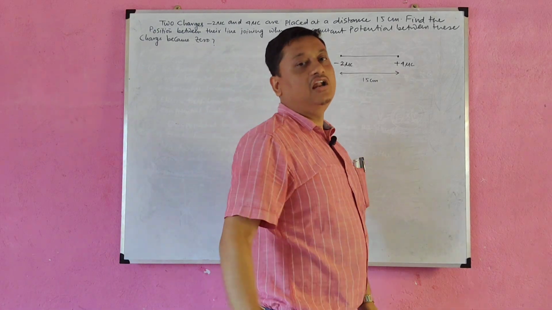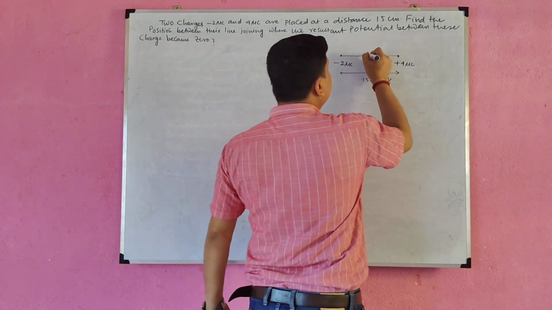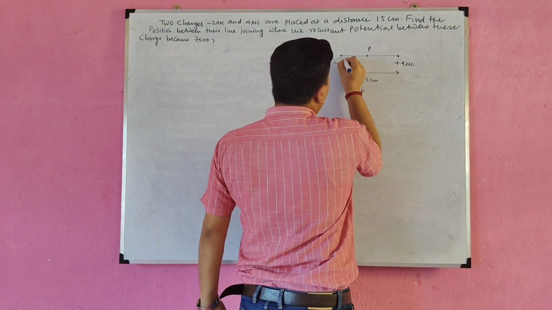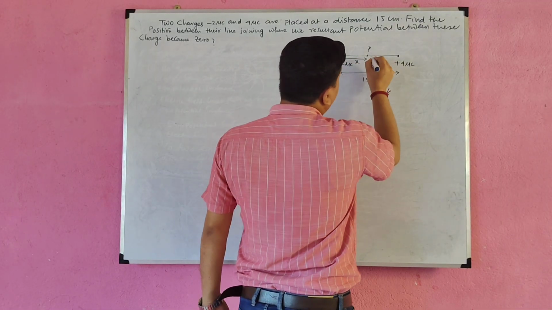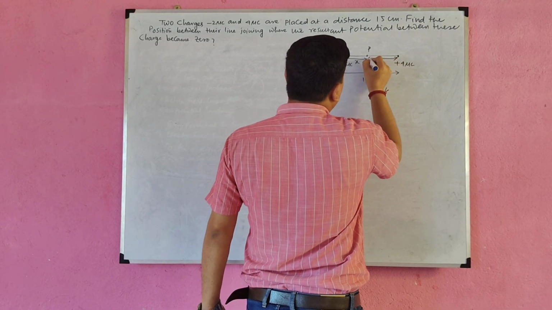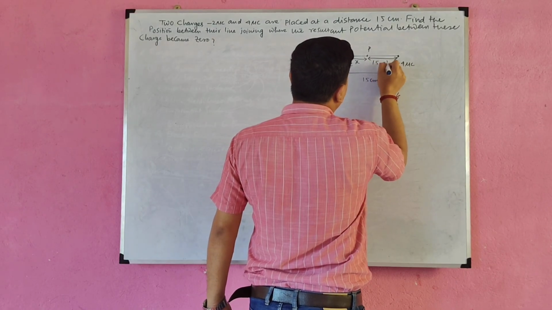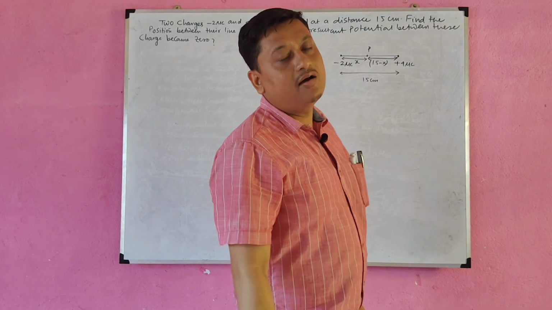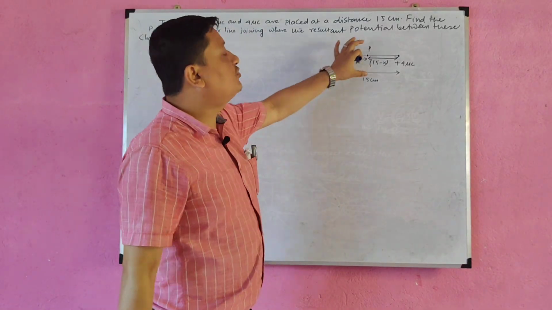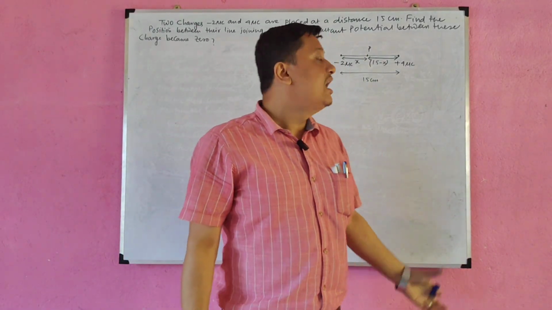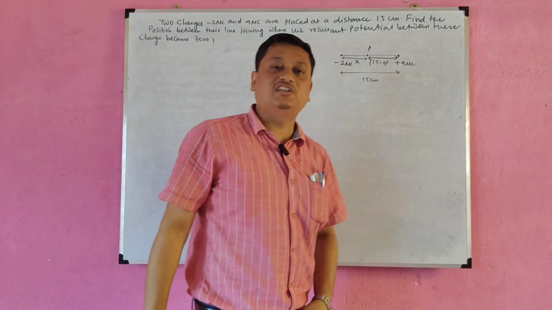So if I consider that particular point is here and this is P, and how much distance from minus 2 microcoulomb, suppose x. So what will be the remaining distance here? 15 minus x. Now you know the formula for potential, kq upon r. For minus 2 microcoulomb one potential is there and for 4 microcoulomb one potential is there.